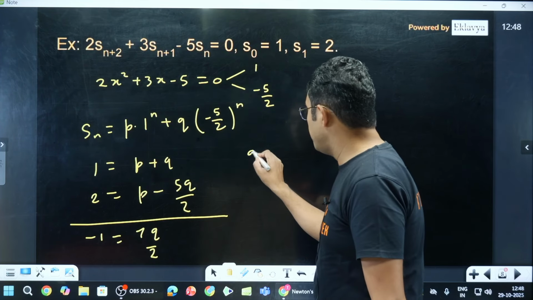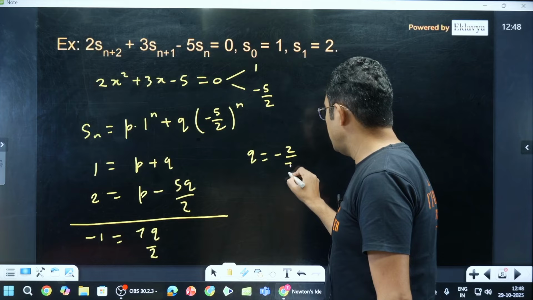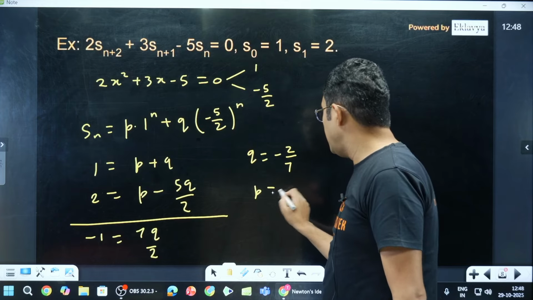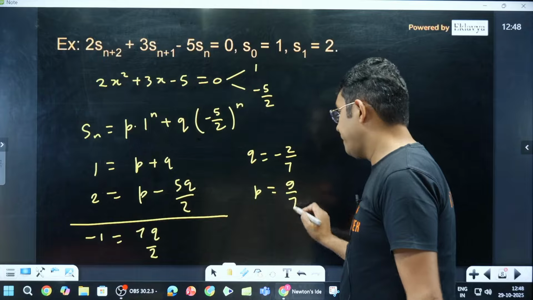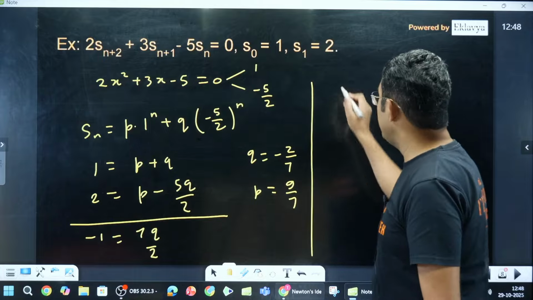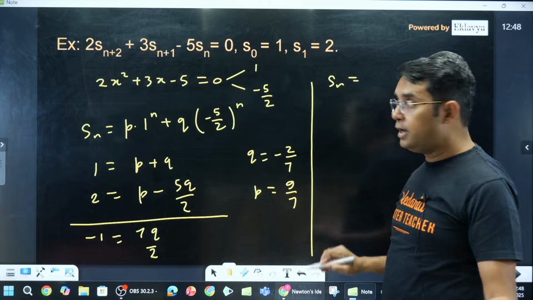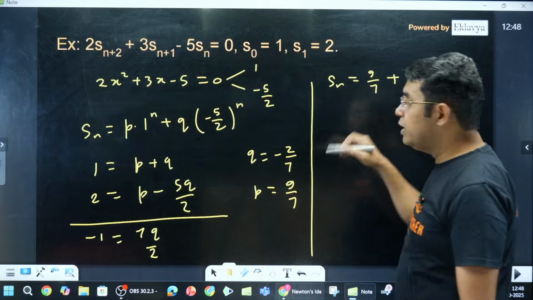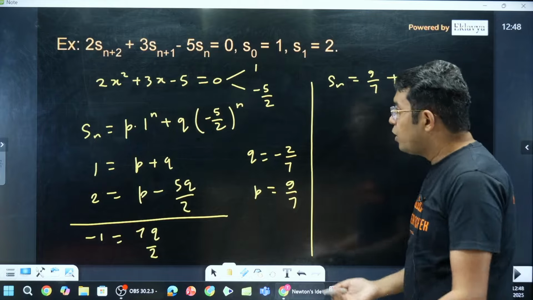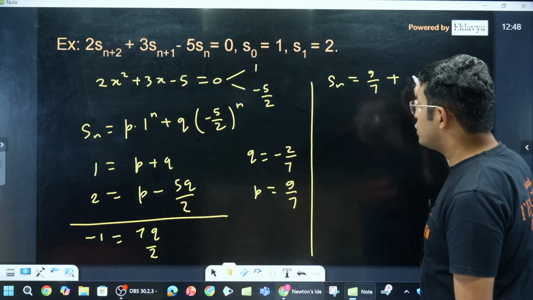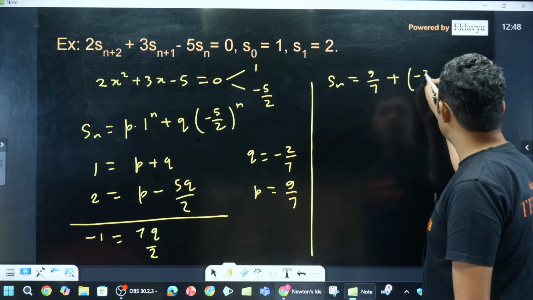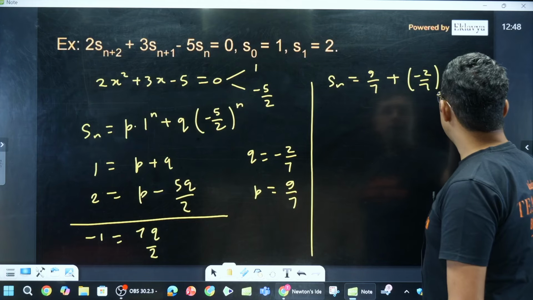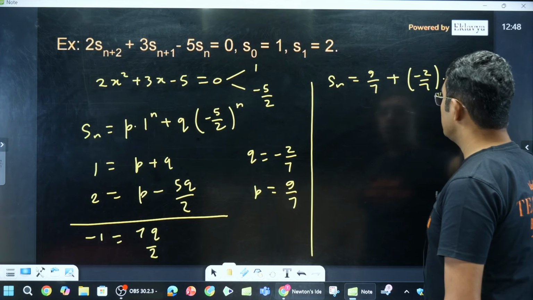So the value of q will be minus 2 by 7, and if I put the value of q here, p will be 9 by 7. So my Sn in general is p, that is 9 by 7 into 1 power n, you may not write 1 power n, and then plus q, the value of q is minus 2 by 7 into (minus 5 upon 2) raised to the power n.